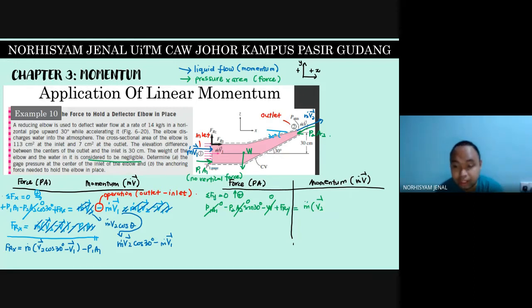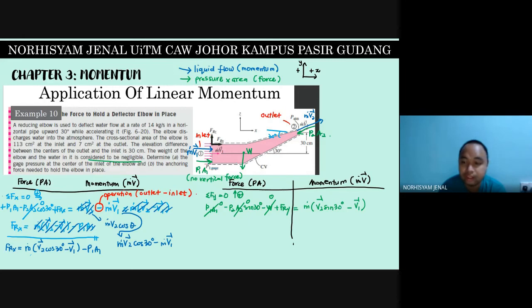Okay, so for this side, it's the same thing also. Make sure you don't make a careless mistake like me. So what you need to do is, here, V2 is with an angle. So this is sine 30 degree. And then minus V1 over here. So if you check for V1, do we have any vertical movement of flow over here?